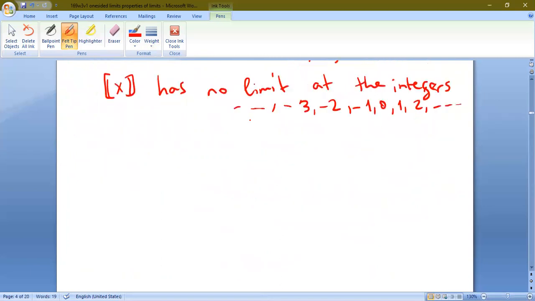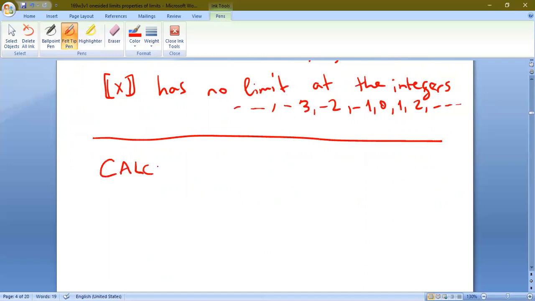And now the next thing I'm going to talk about is the properties of limits, or I should rather say the limit laws. So there are a bunch of laws which are very useful, and we are going to use these laws to calculate limits.